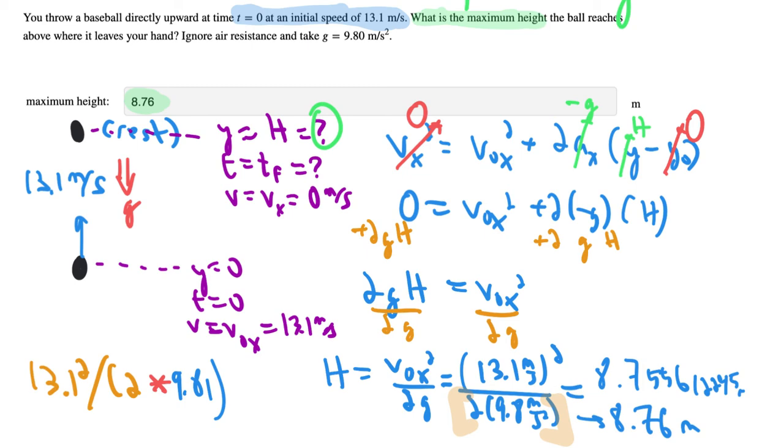Because of the order of operations, that's what the calculator is going to require you to do to get the right answer. If you don't put the parentheses, then you're going to get 13.1 squared over 2 times 9.8, and you'll get something like 840, which would certainly not be good.